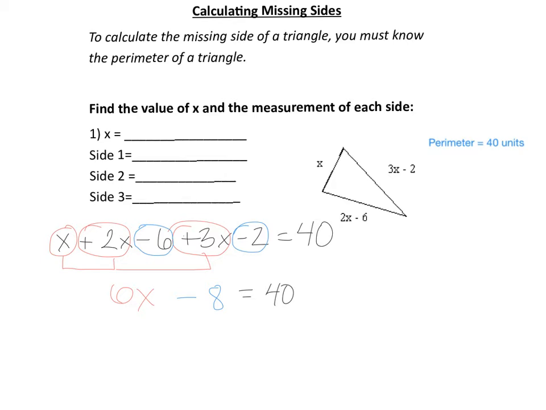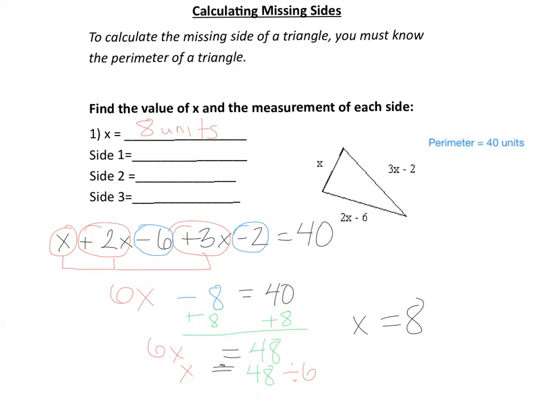So we add 8 to both sides, which is going to equal 48. We then divide 48 by 6, and that gives us that x is equal to 8. We don't know our units, so we're just going to put units.